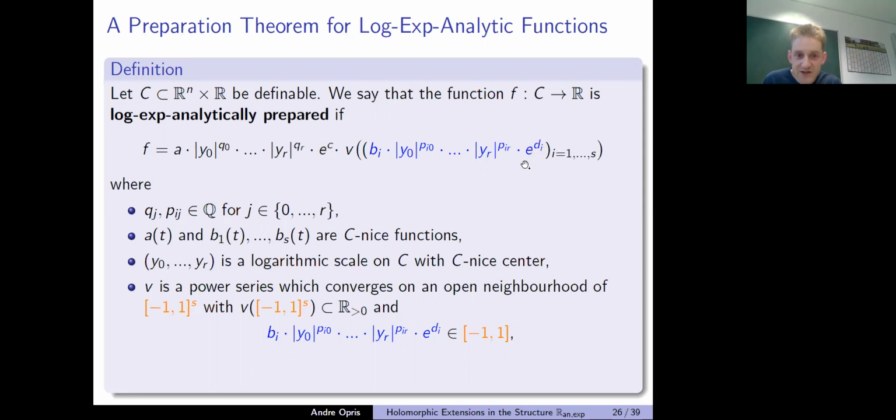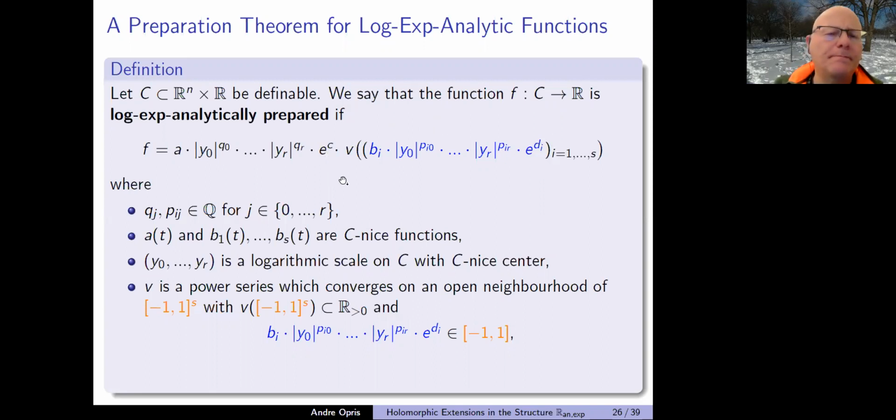So these exponentials, I was a little bit fast, but these exponentials here depend also on the last variable, so on x, and then you have to compute the holomorphic extension also for this di, and then you have to do this estimation by a positive real number, which defines the polydisk for this function here.